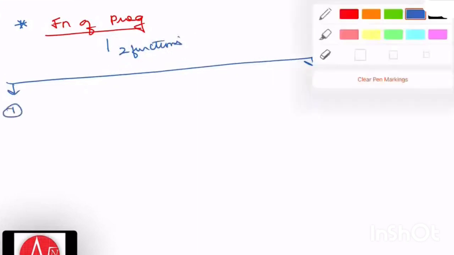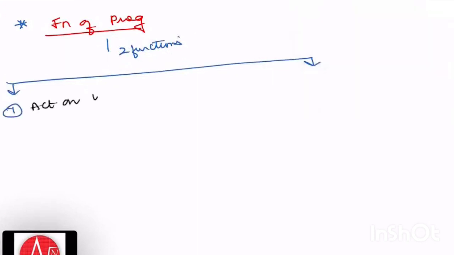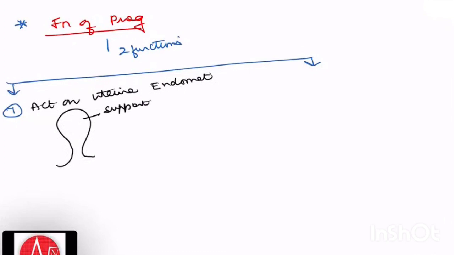Number 1, it will act on uterine endometrium, and it is going to support the endometrium. तो ईस्ट्रोजन ने क्या किया था? एंडोमेट्रियम को प्रोलिफरेट किया था. अब ये प्रोजेस्ट्रॉन सीमेंट का काम करेगा, ये इस एंडोमेट्रियम को सपोर्ट करेगा. This is called secretory action. That is one thing which progesterone does.